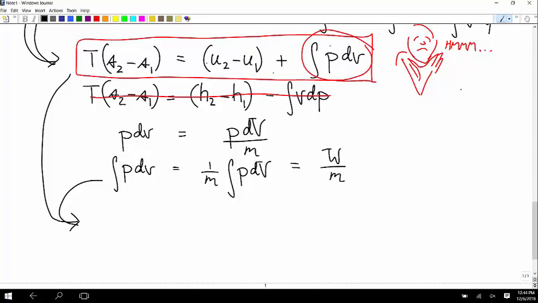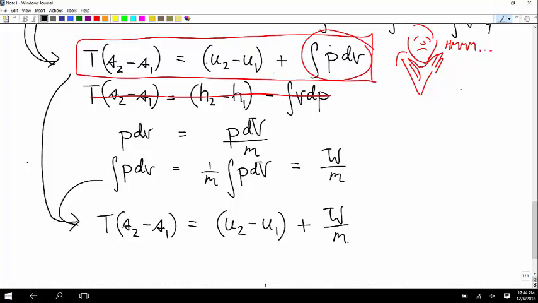So this equation, the boxed equation, now says T times S2 minus S1 is equal to the quantity U2 minus U1 plus work over mass.